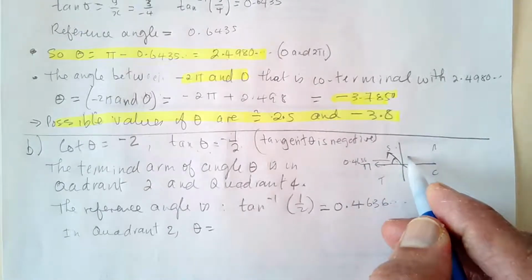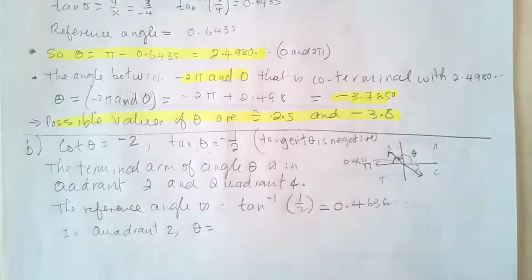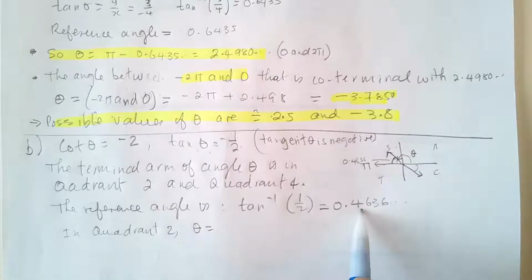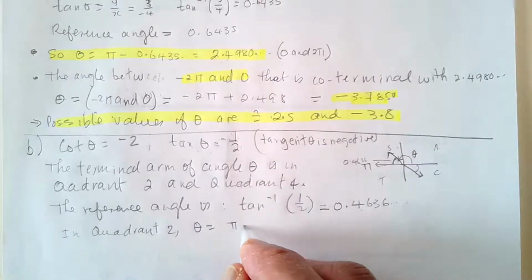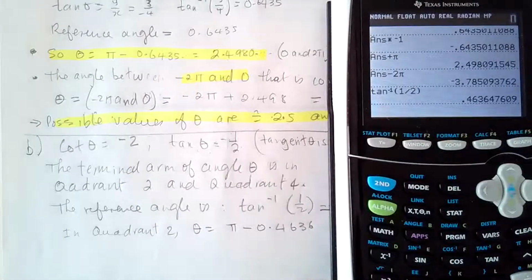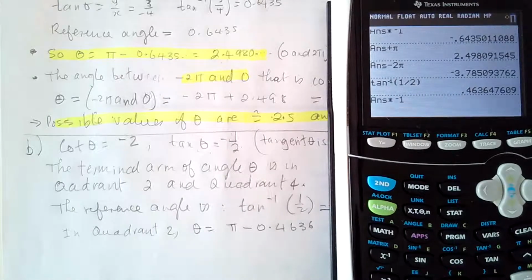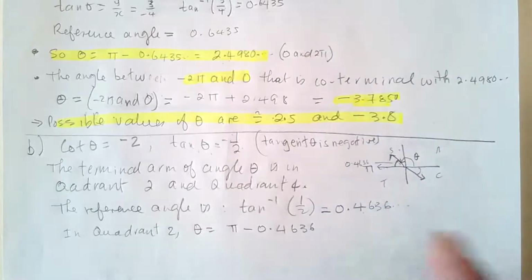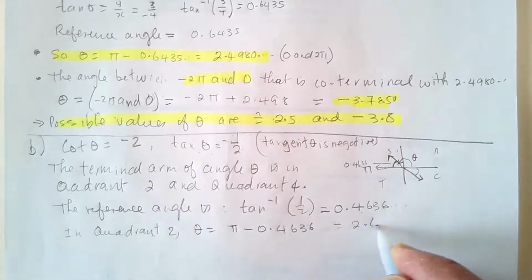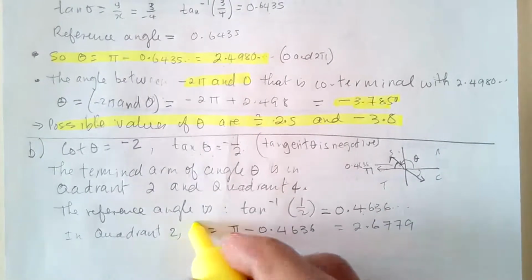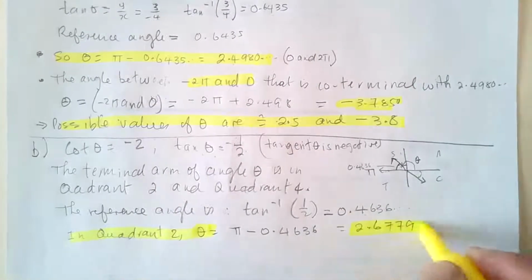To find theta, it'd be pi minus the reference angle, which is pi minus 0.4636. So I'm going to multiply that by -1, it will give me negative, plus pi is 2.6779. So the first one we have is in quadrant 2. That's what it is.